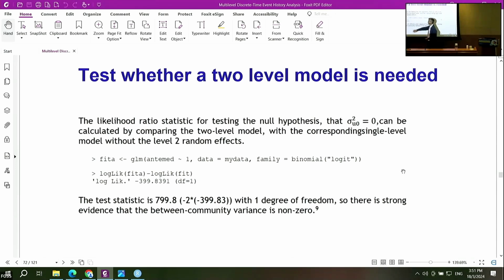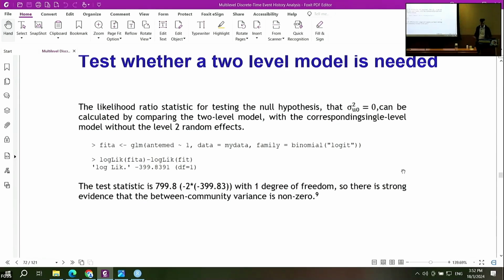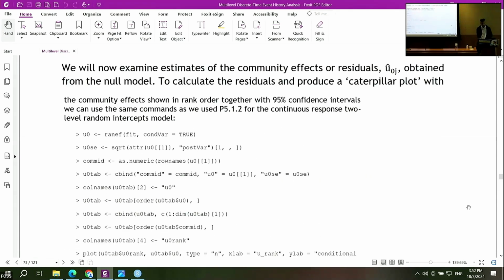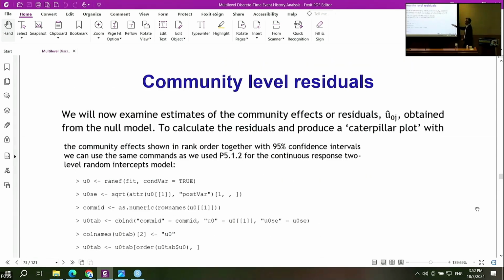So anything larger than 3.8 on 1 degree of freedom is a very big improvement in the fit of the model. So we can test for whether or not we need a multi-level model using this statistical test.